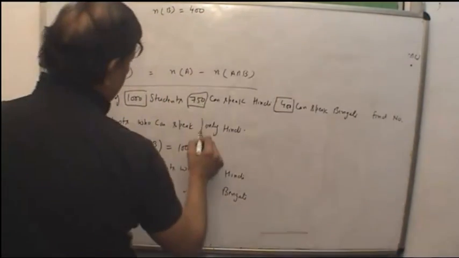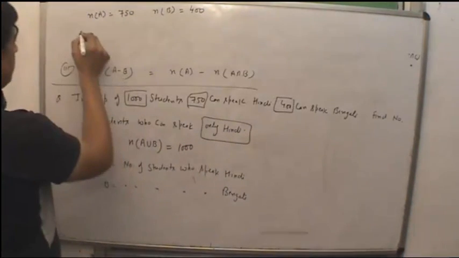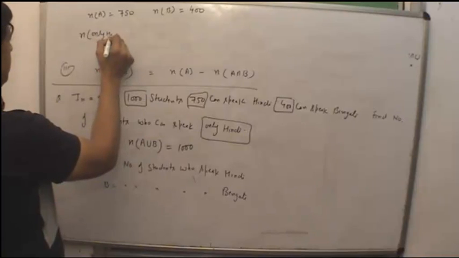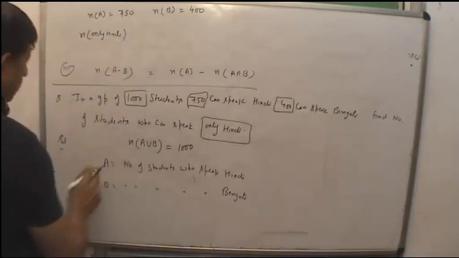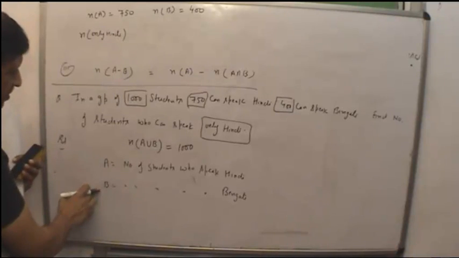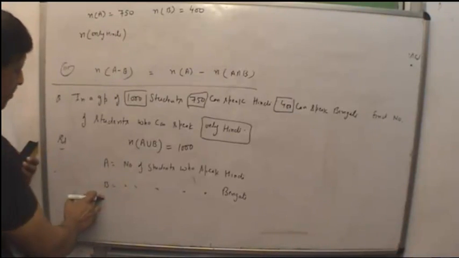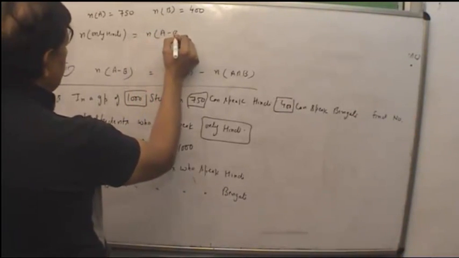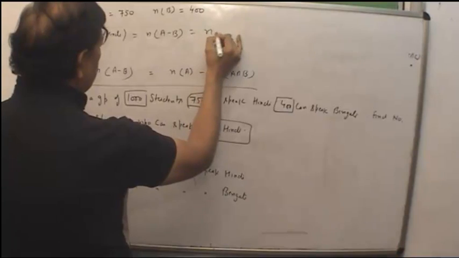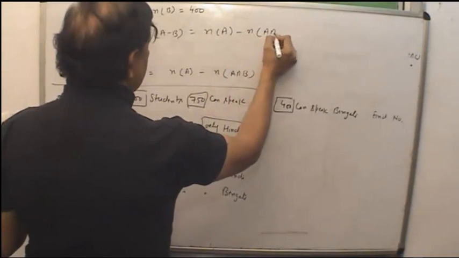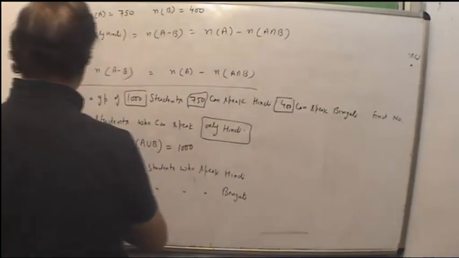Our requirement is only Hindi. Only Hindi means those students of A which are not in B. It means N(A minus B), that is equal to N(A) minus N(A intersection B).